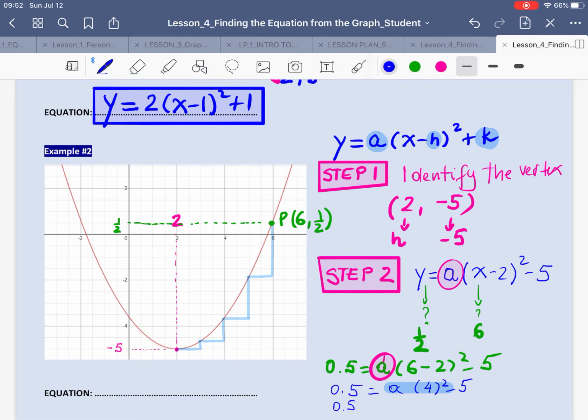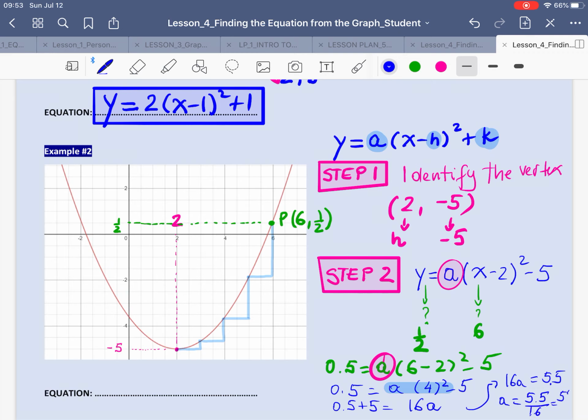So we have 0.5 plus 5 equals 4 squared is 16, so 16a. In other words, we have 16a equal to 5.5. And a will be 5.5 divided by 16.